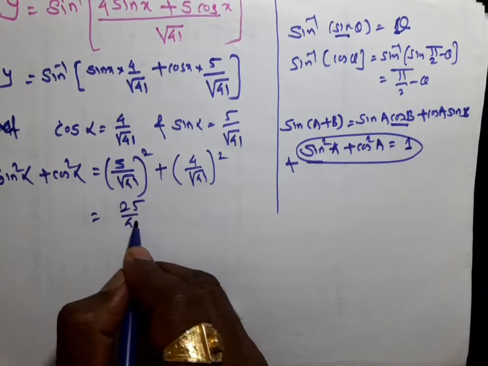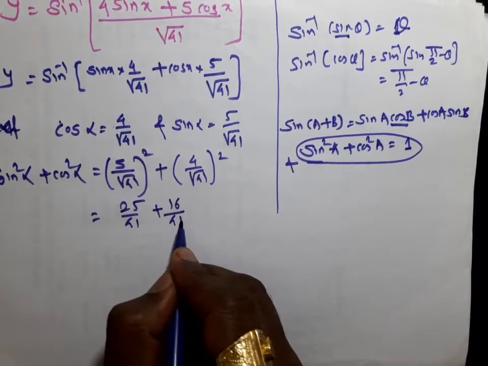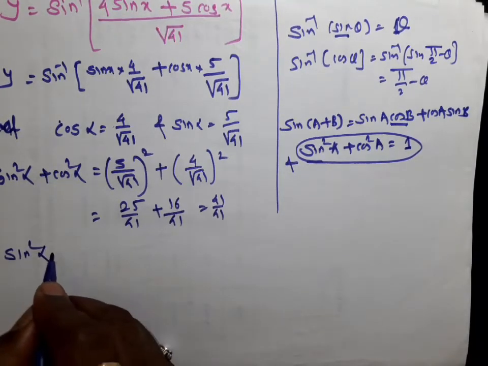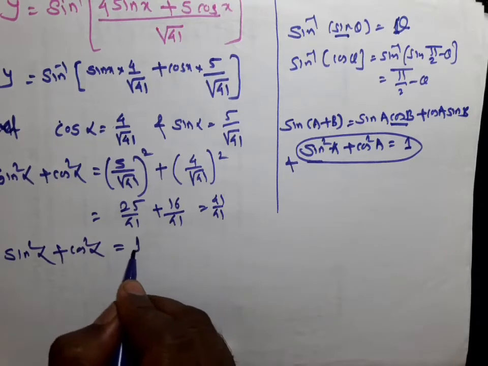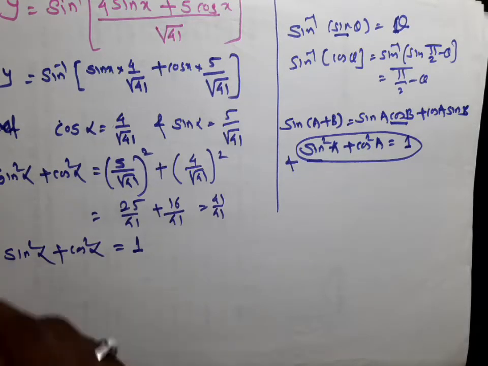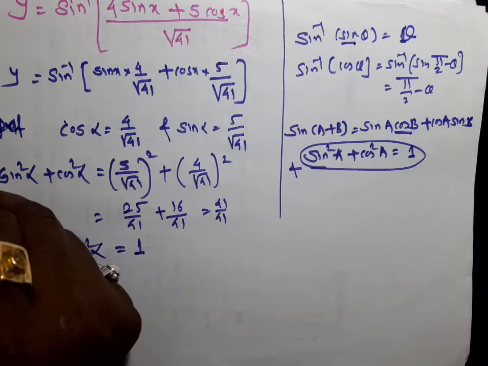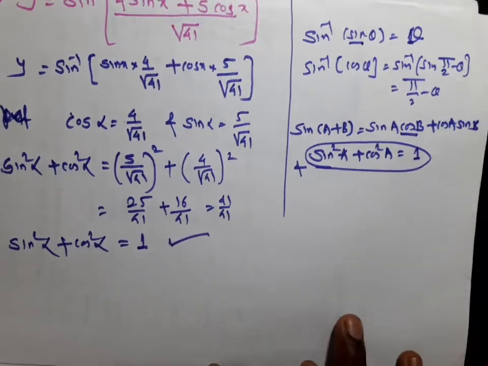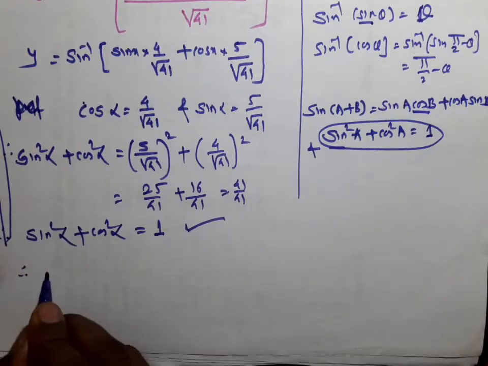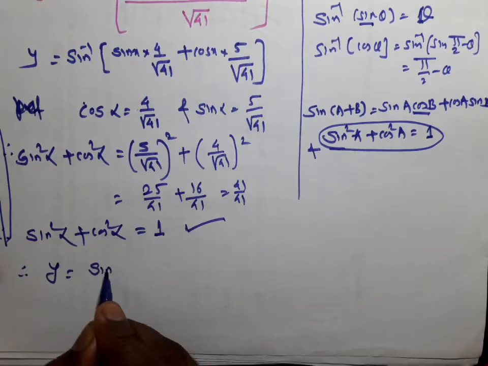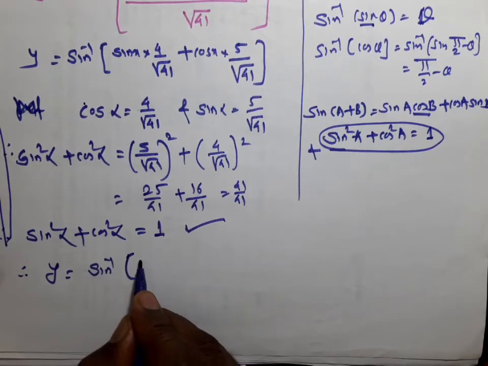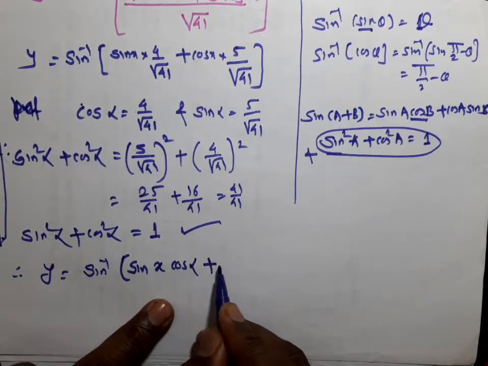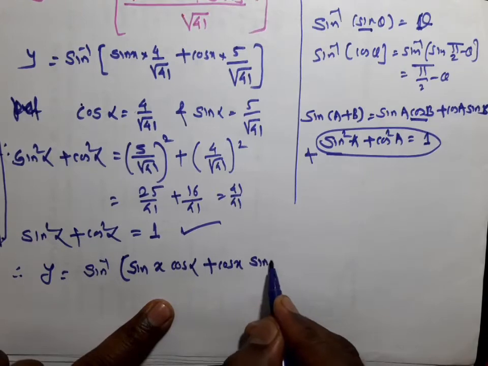It is 25 upon 41, 16 upon 41, 41 upon 41. Therefore, sin square alpha plus cos square alpha is 1. So what we assume, this part is valid when the fundamental identity is satisfied. And therefore, y is equal to sin inverse of sin x cos alpha plus cos x sin alpha.